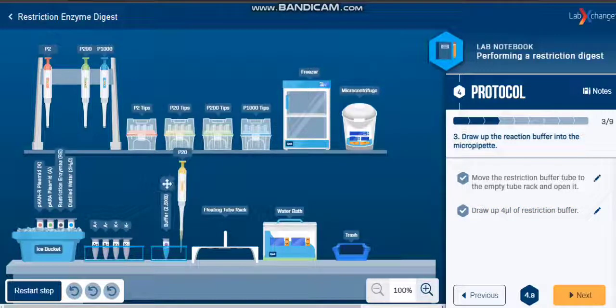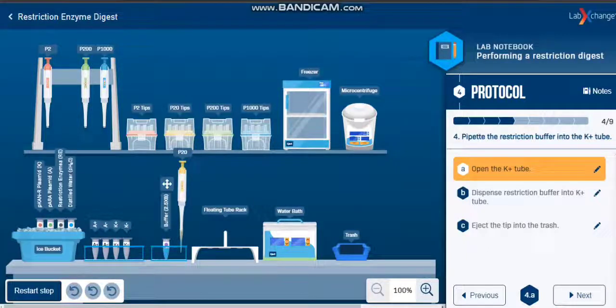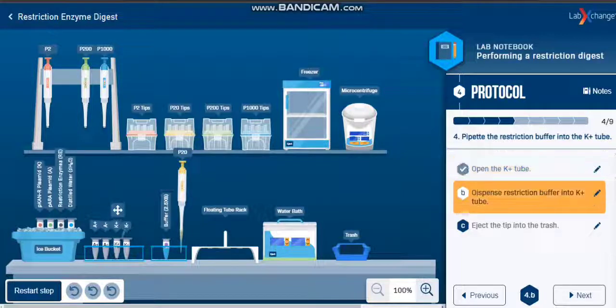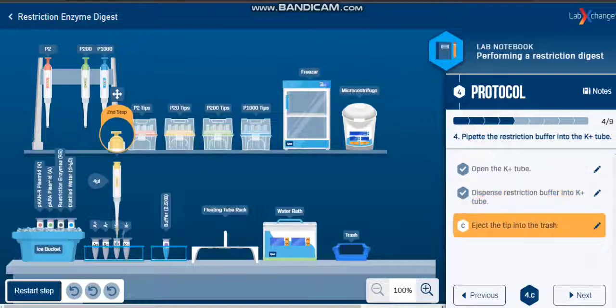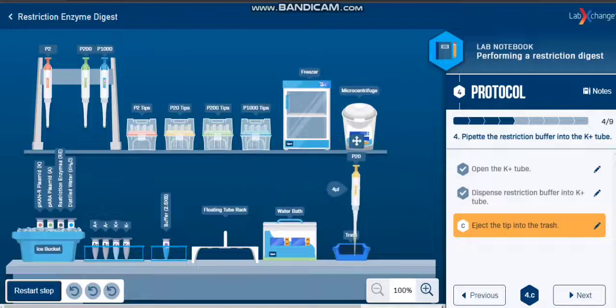Close the buffer. For step 4, pipette the reaction buffer into the K plus tube. And then eject the tip.